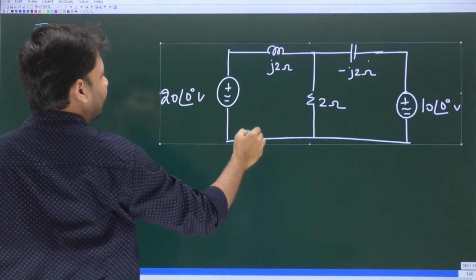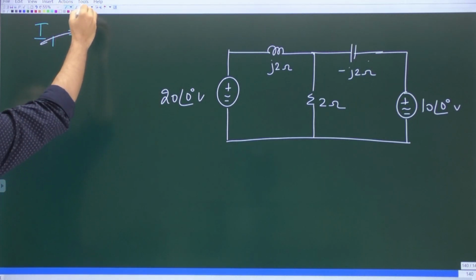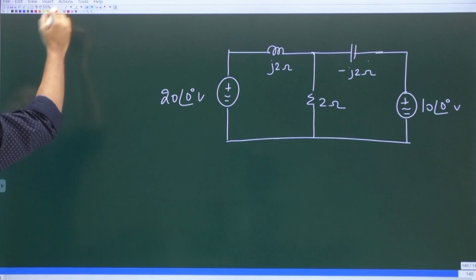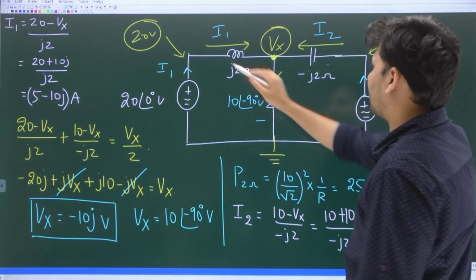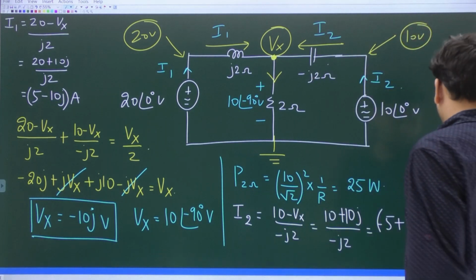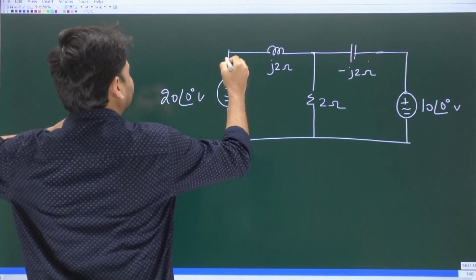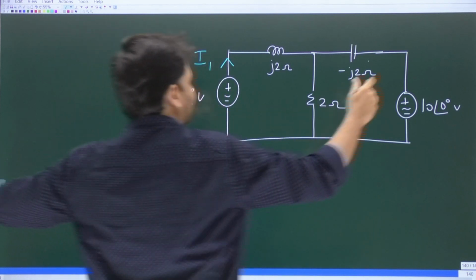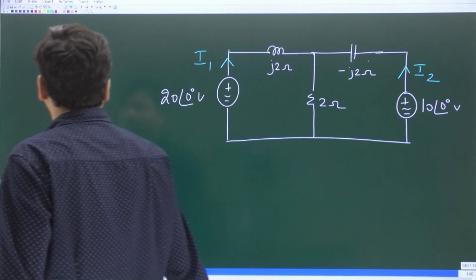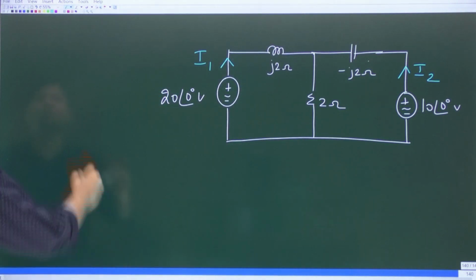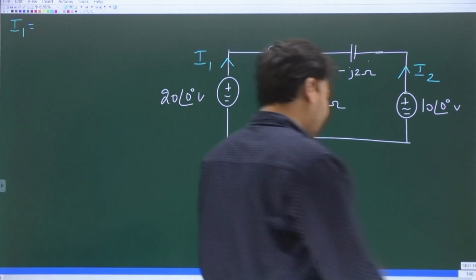Again, I have drawn the original circuit. Let me just write I1 and I2. The direction of I1 is like this, I2 is like this. So here this current is I1, this current is I2. What did we get for I1?